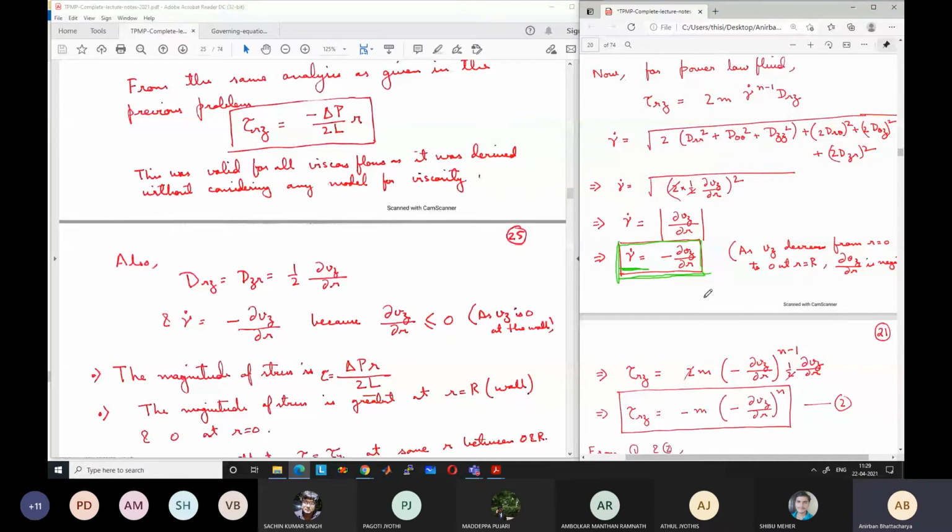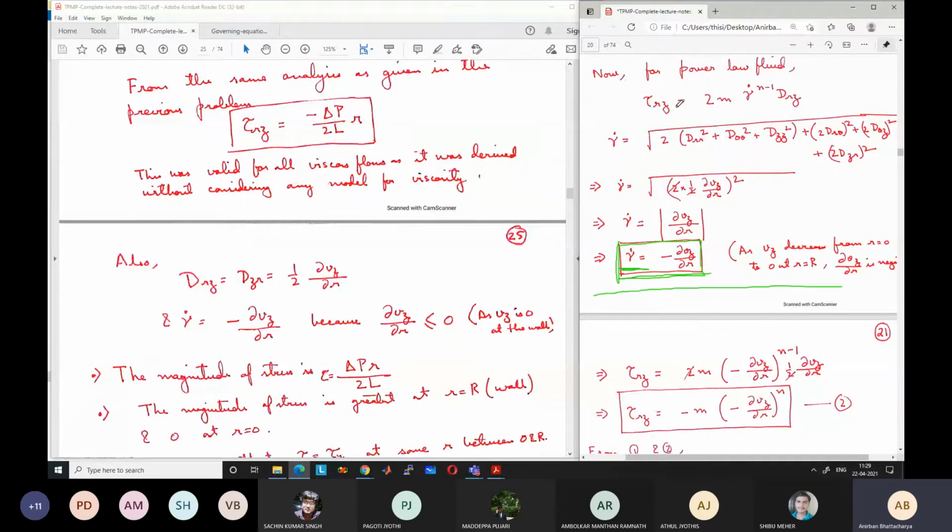So the strain rate was given as minus del vz del r, and that also we obtained without assuming anything regarding the power law fluid. Similarly for this case also, nu dot is equal to minus del vz del r.